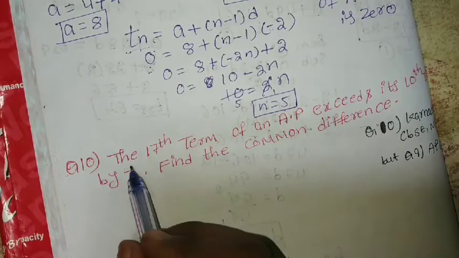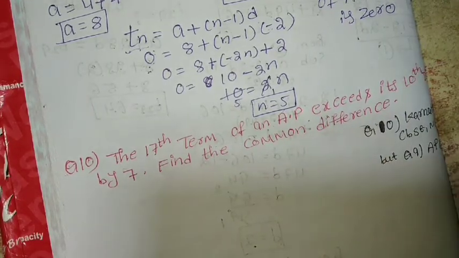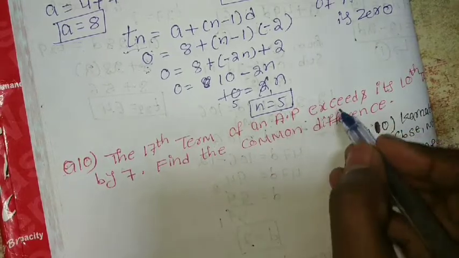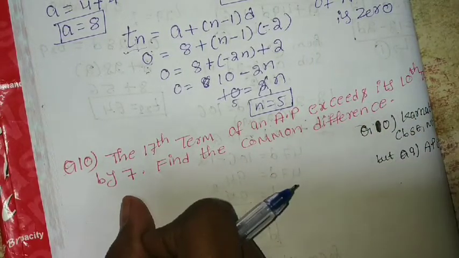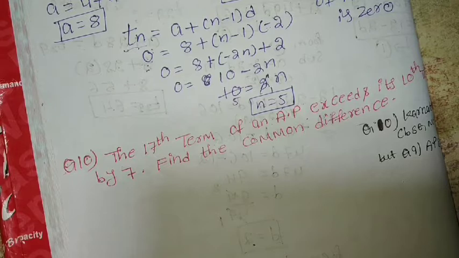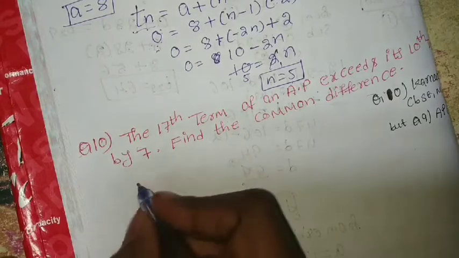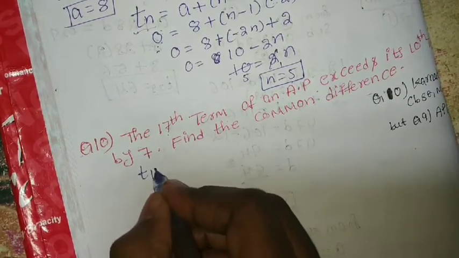Given here, the 17th term of an arithmetic progression exceeds its 10th term by 7. That means subtracting. Exceeds means subtracting its 10th term by 7. Find the common difference D. We need to find the common difference. By the question, they gave the 17th term. Write T17.